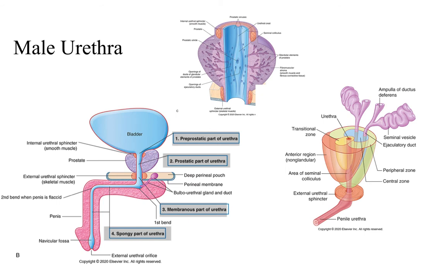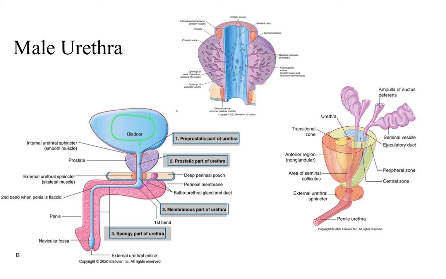All right, as we suggested in the previous lecture about the urinary system, the male urethra is a more complicated structure than what you will find with the female urethra. And the reason for that is due to its connection to the reproductive system. So let's remind ourselves here that everything in blue here is going to be associated with the urinary system.